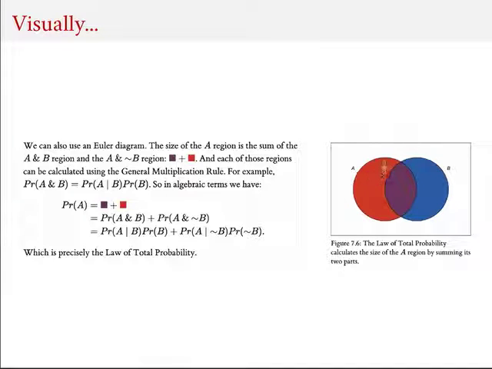That's the not B region, because B is inside the B circle, so not B is everything else.